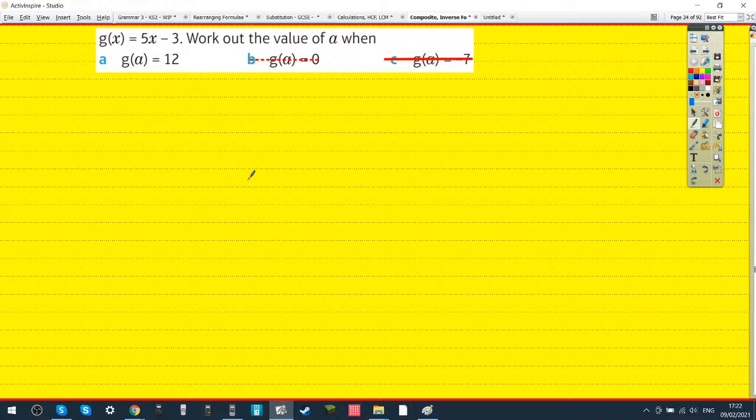So, is it like the last one? Yeah. So similar, you have to replace x with, so x is 12. No, x is a. So if you subbed in a, what would you get? 5a minus 3. Yeah. And it says the g of a is equal to 12. And so what do you know about 5a minus 3?